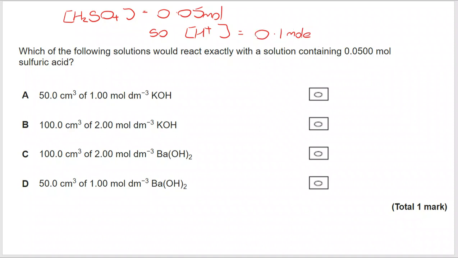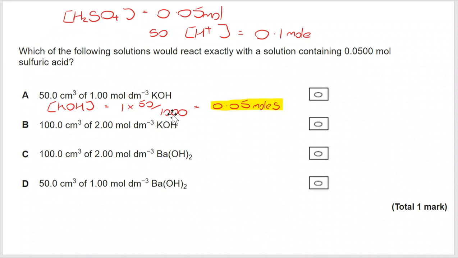Now let's go through each example. In KOH, if I use my concentration, I'm going through and I can see 1 times 50 over 1,000, I've got 0.05 moles.